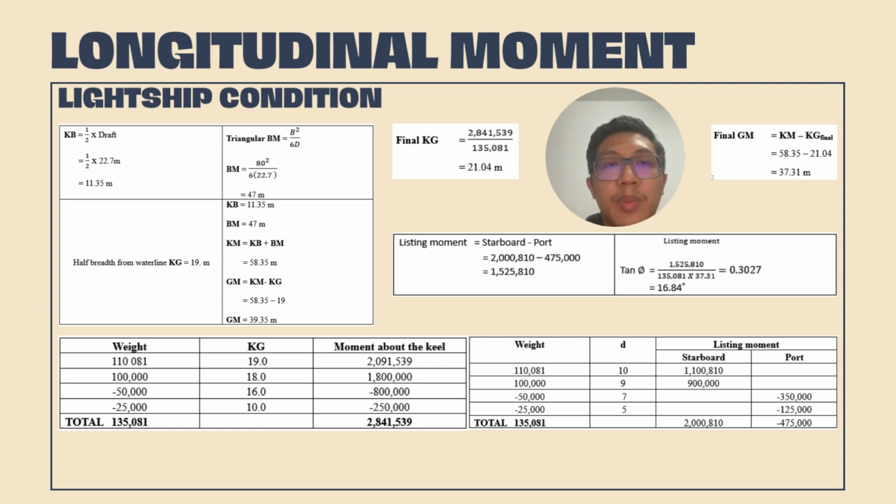We got 37.31 meter. After that, we find the listing moment of starboard and port. We got the listing moment which is 1,525,810. And then after that, we calculate the listing moment in degrees, which is 16.84 degrees.